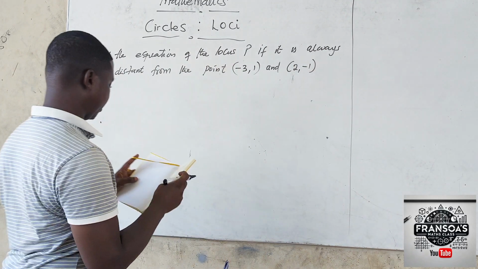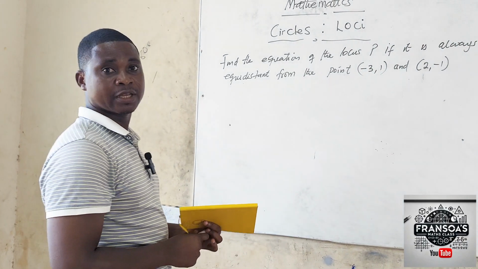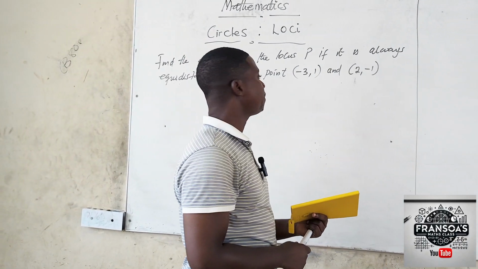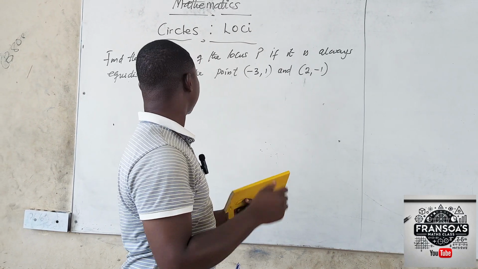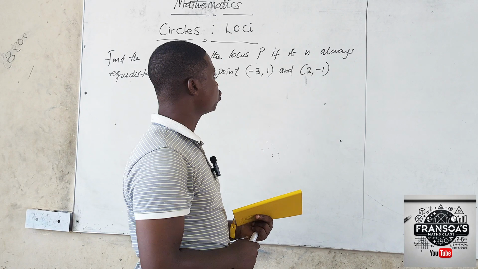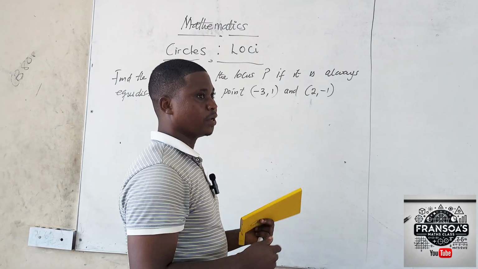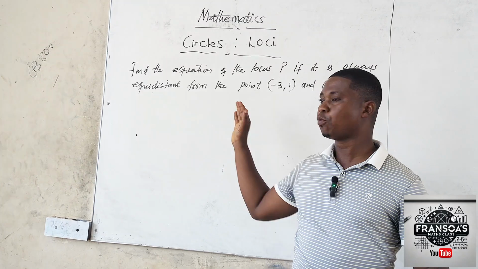So that is our question. We are saying that find the equation of the locus P if it is always equidistant from the point -3, 1 and 2, -1. So it means that the point is equidistant from these 2 points.